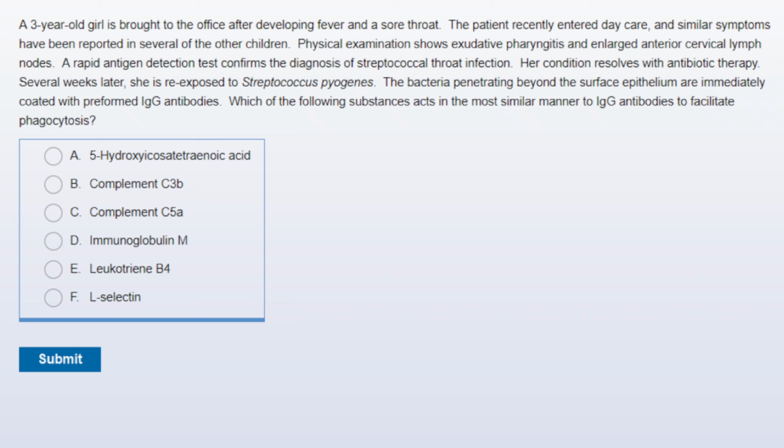Which of the following substances acts in the most similar manner to immunoglobulin G antibodies to facilitate phagocytosis? Which one of the options works with immunoglobulin G to facilitate phagocytosis? You guys read, think a second, and pick.